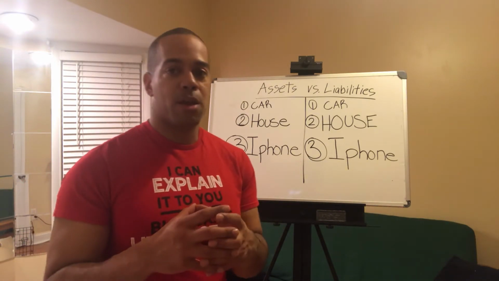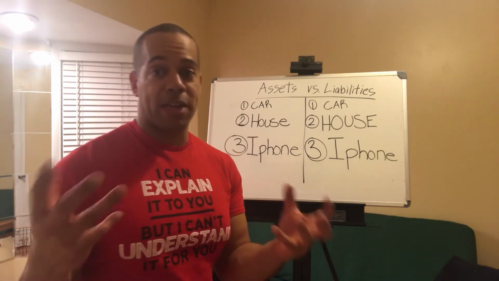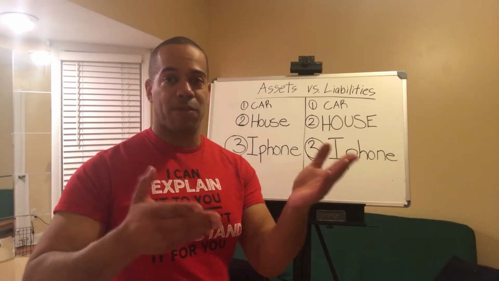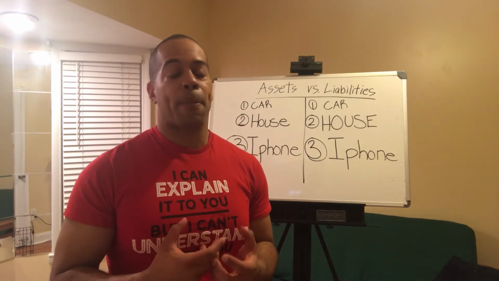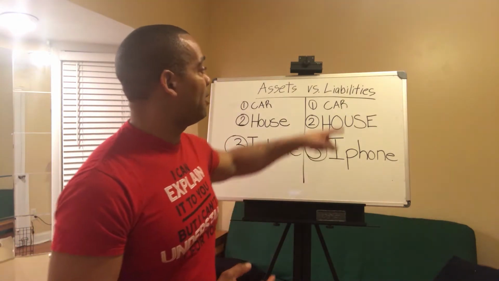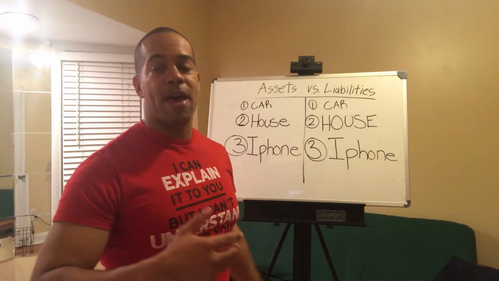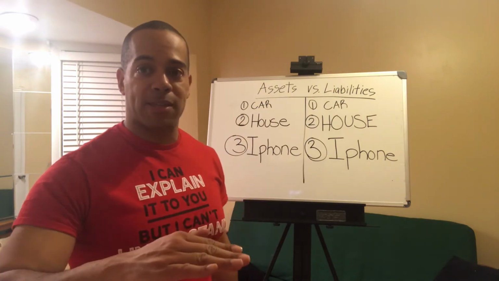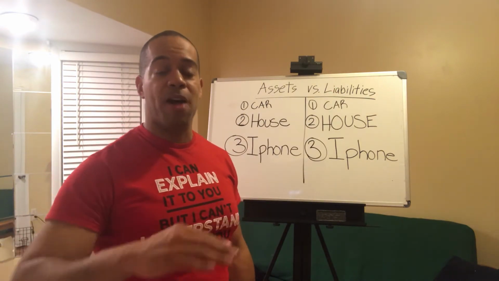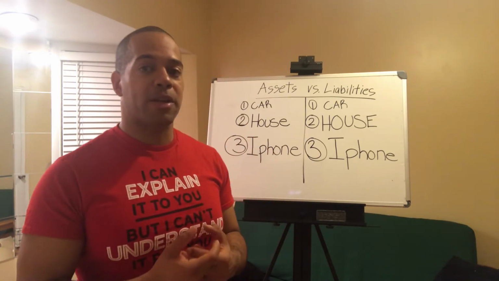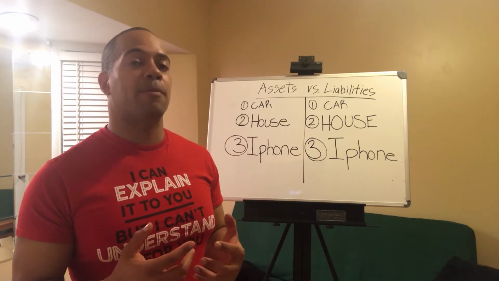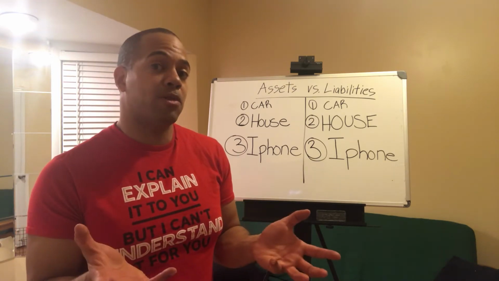So you can have a good cash flow, which is what you need. You need several different revenue streams, seven different cash flows coming in. But you can still have a lot of liabilities that erase any potential profit from the cash flows. Here's another example. You can have a house.